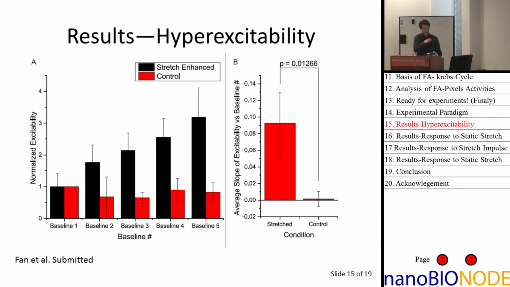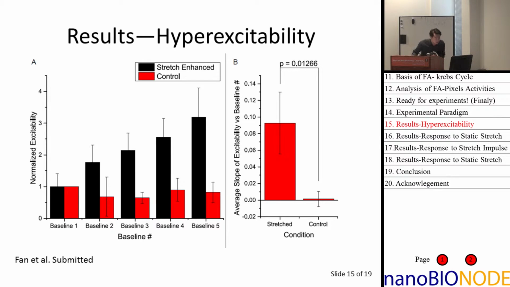Here is the data. The black bars are the stretch-enhanced group, so we undergo the stretching manipulations. The control experiment is just that the slice is mounted, and you keep on stimulating it and imaging it without undergoing the stretch manipulations. And so you can clearly see that there's a difference, which you would not expect if mechanical stimuli had no participation.